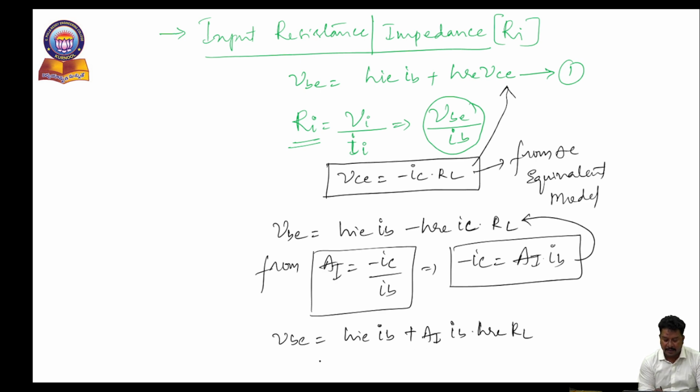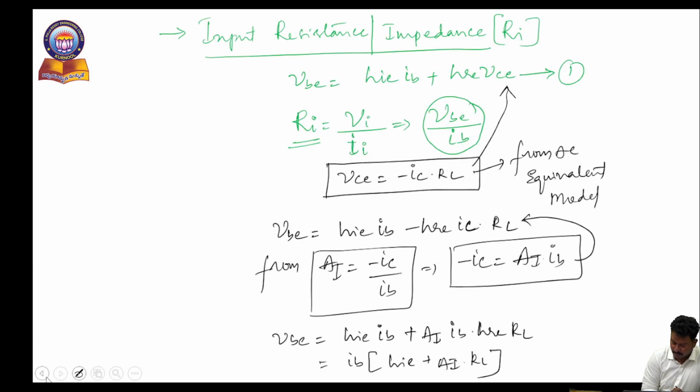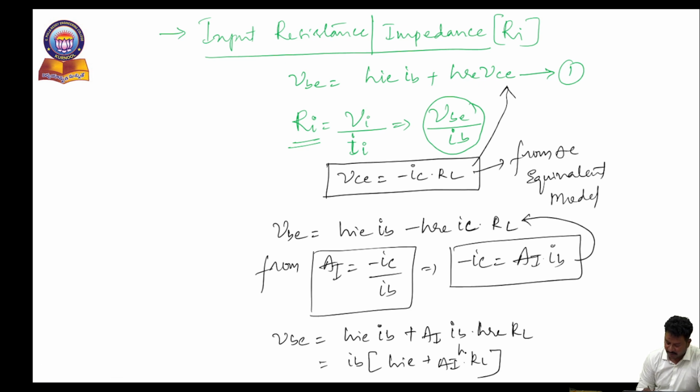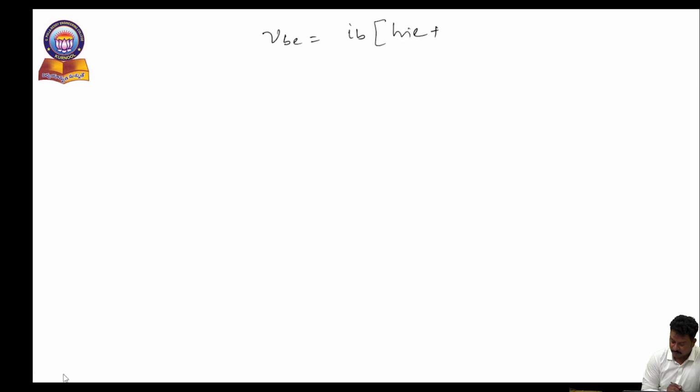Now I take IB as common, so VBE is equal to IB into HIE plus HRE AI into RL.